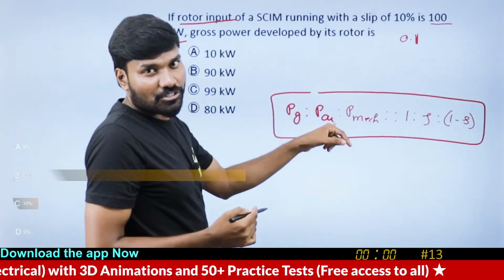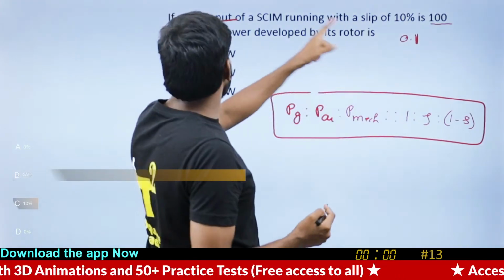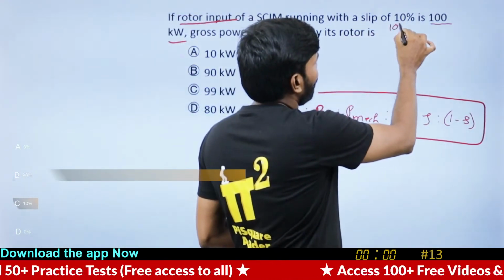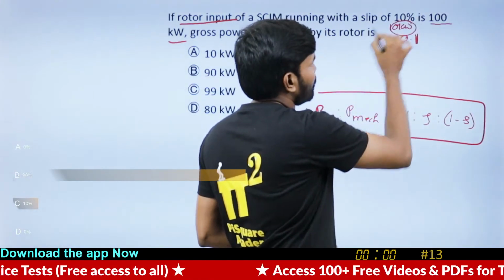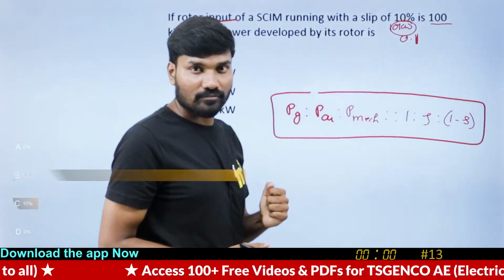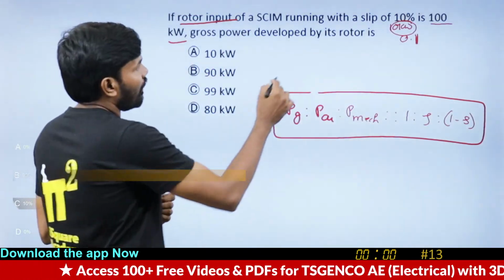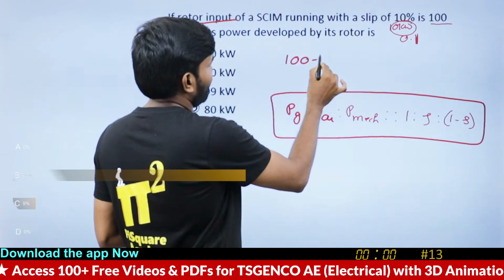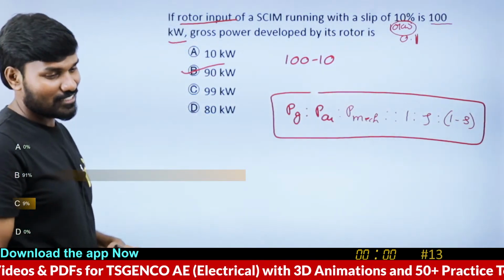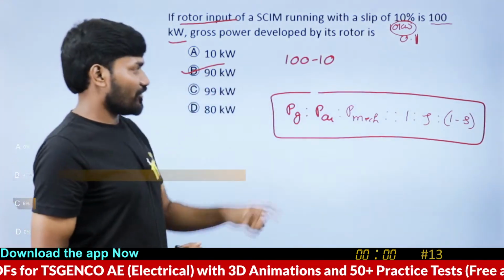Power lost is 10%, means 10 kilowatt is lost. So what is remaining? That's the output, mechanical power. So remaining is 100 minus 10, is 99. No, 90. So the answer is B for this.